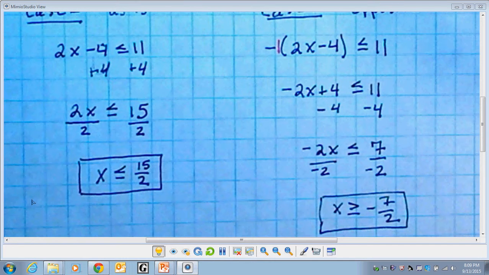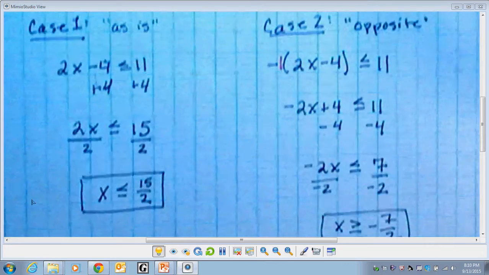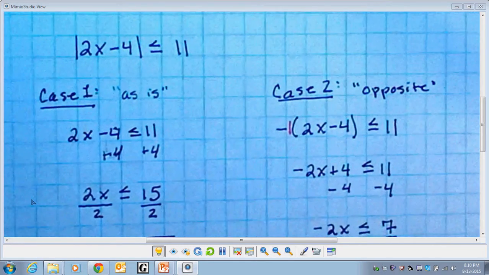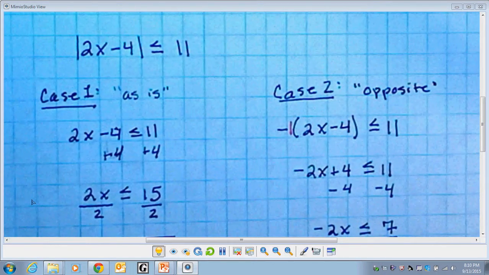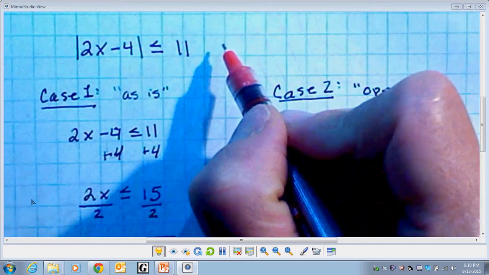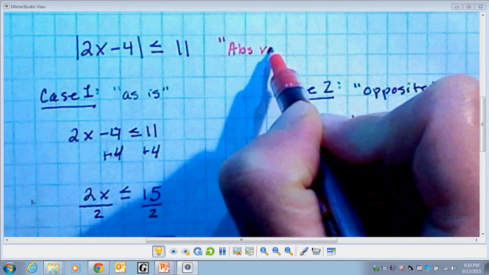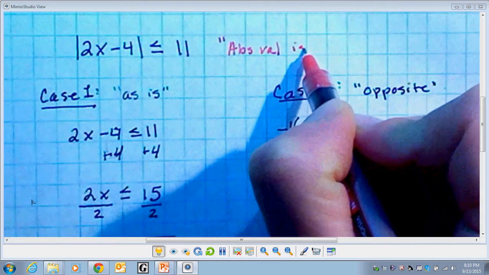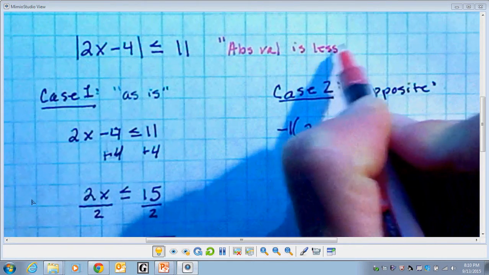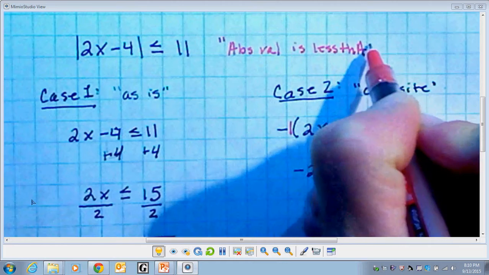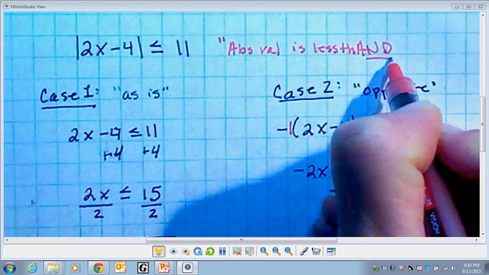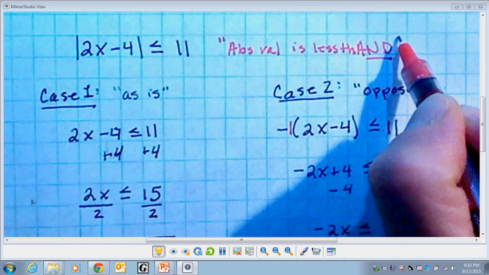So I was told to graph this. If I come back up here and look at my original inequality, I'm going to say to myself, the absolute value is less than whatever that number is, right?